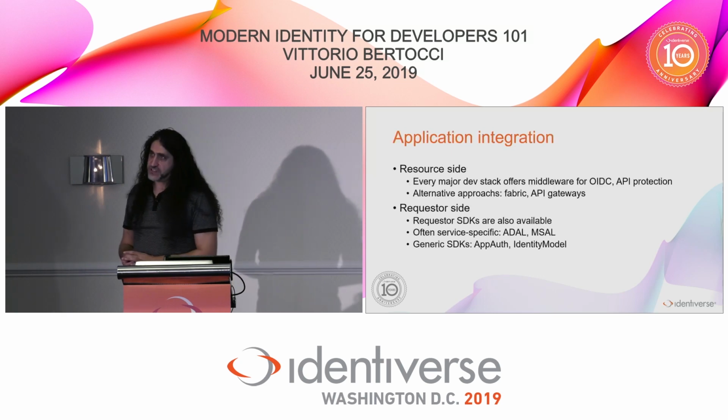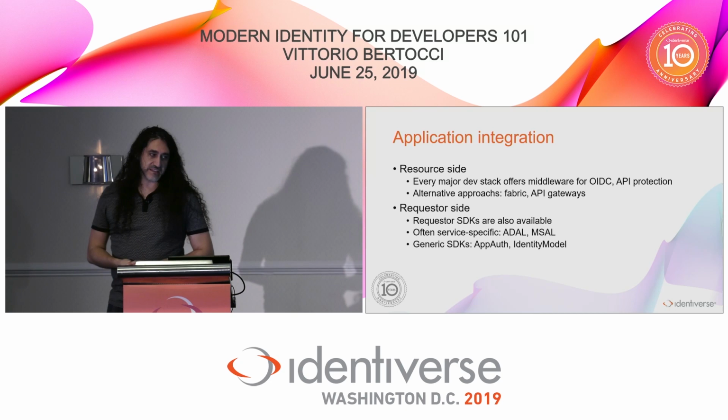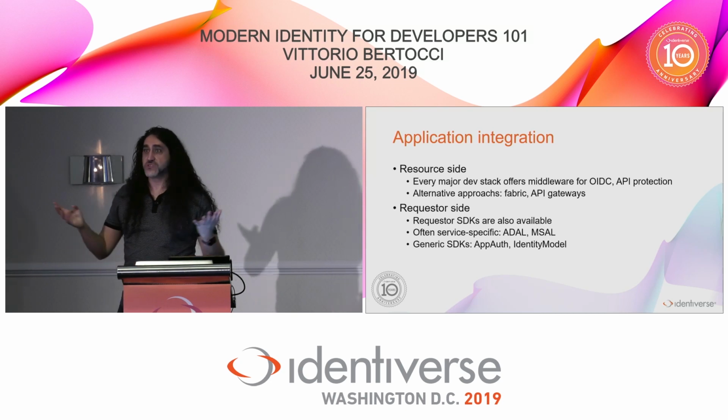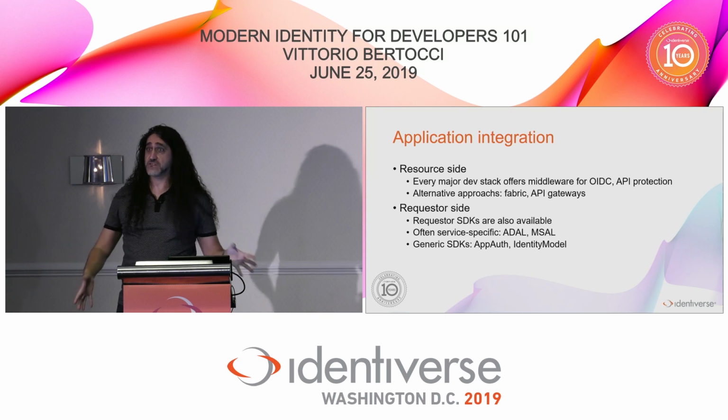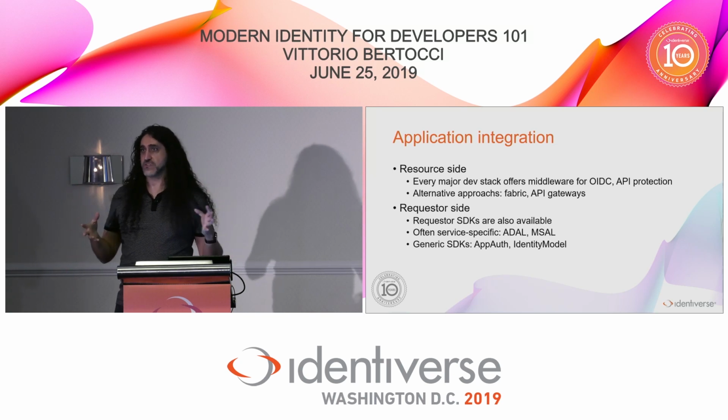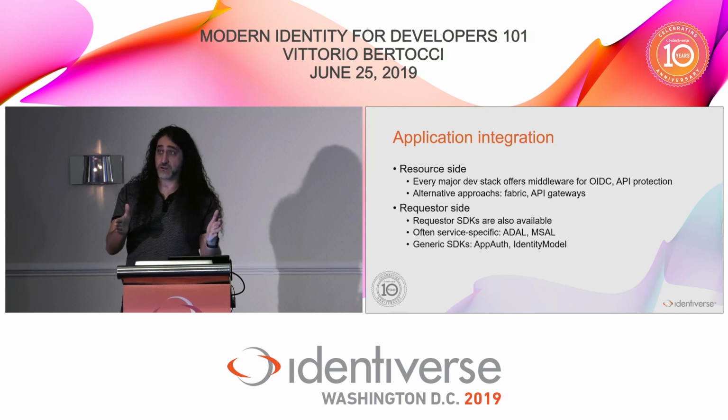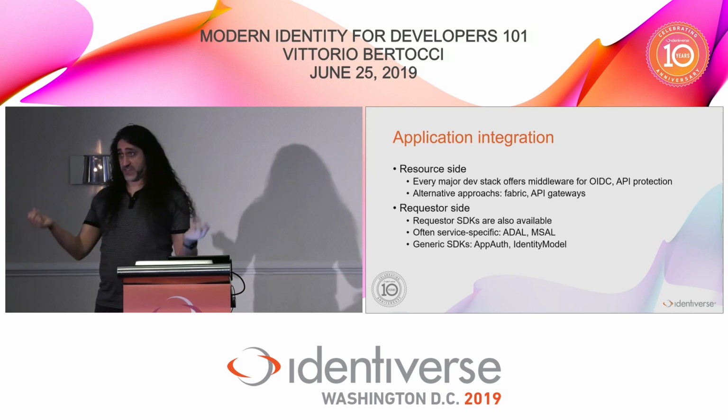In terms of application integration, the demo that I did used middleware, which basically is a library which integrates with whatever web technology you're using for hosting your application, and somehow sits in the middle of requests, intercepts things, and makes things happen for you.